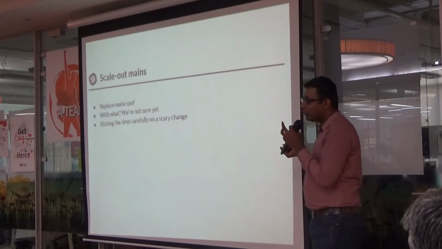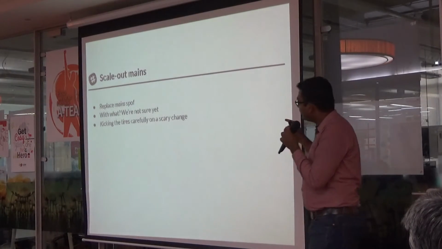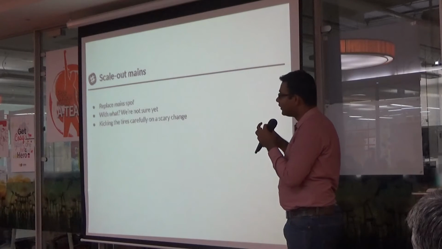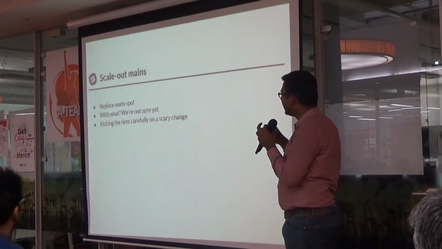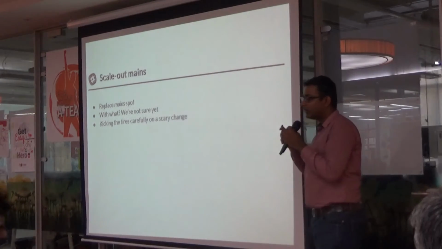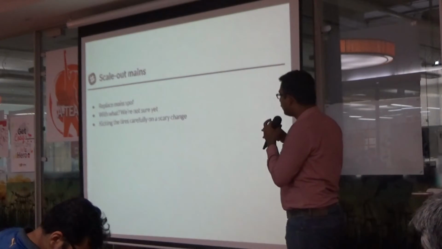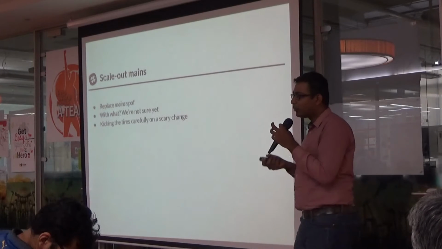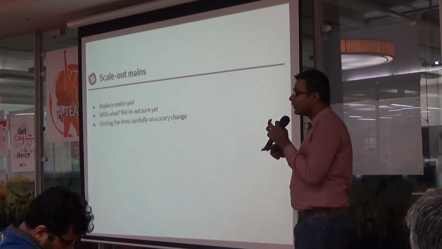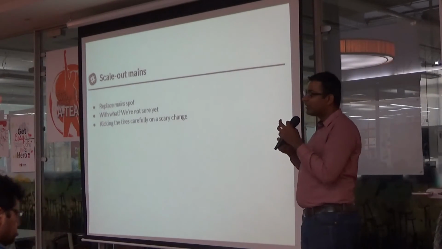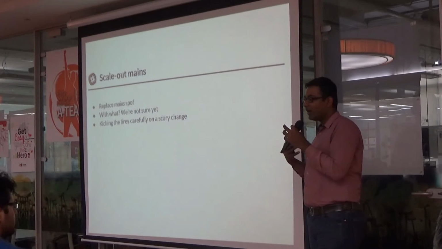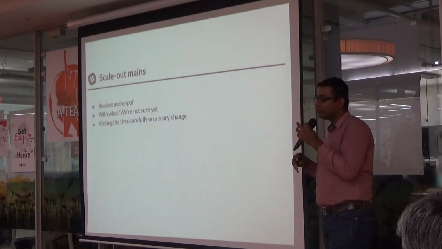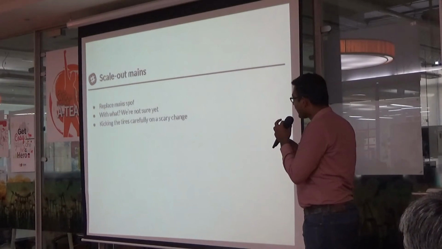Coming to the solution part, there has been some prototyping in terms of replacing mains with a data store which is more scale-out in nature, but that is not very serious at this point of time, for two reasons. They say they have researched very highly into how to protect their mains at this point of time, so they have memcache around their mains.